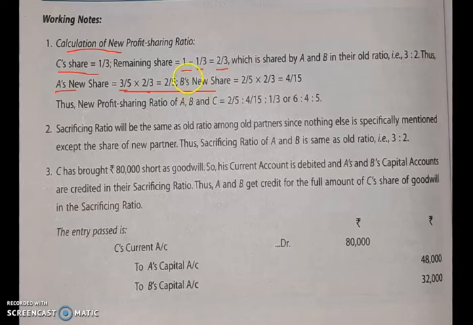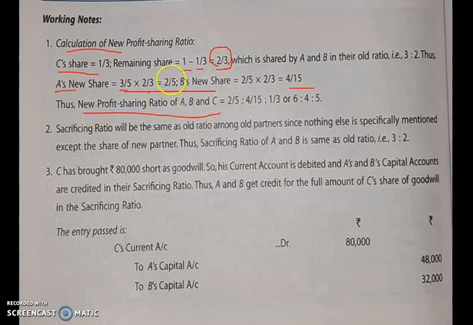Same is the case with B also. Old share of B into the remaining share. This is the remaining share. So you will get B's new profit sharing ratio. Now let us see what the new profit sharing ratio of A, B, C is.